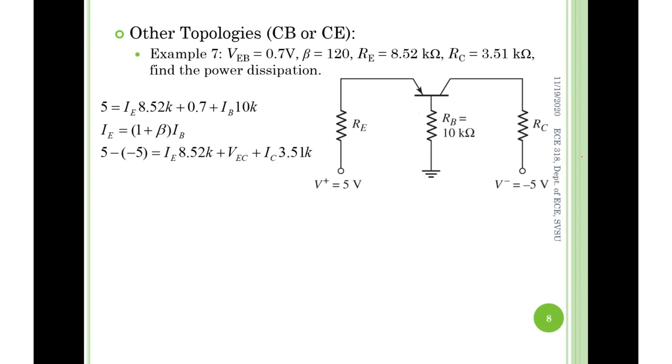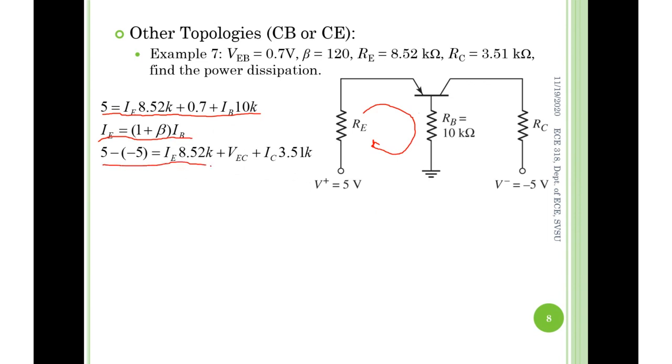PNP, that's right. So you're looking for the VEB loop, which is this loop. And then you have this KVL inside of this loop. And the free equation, once again, don't forget to use.